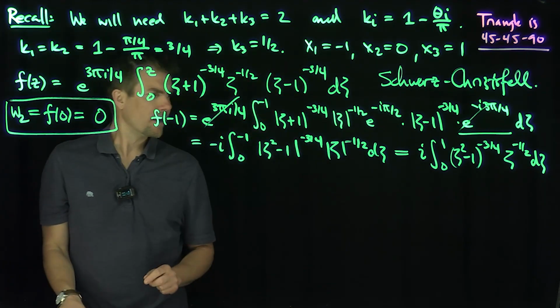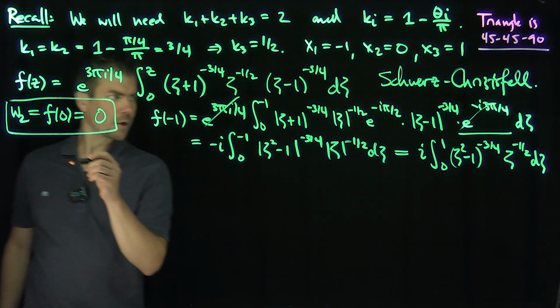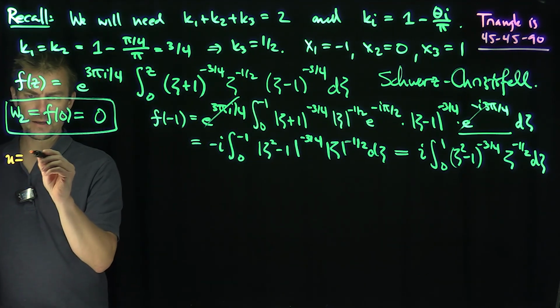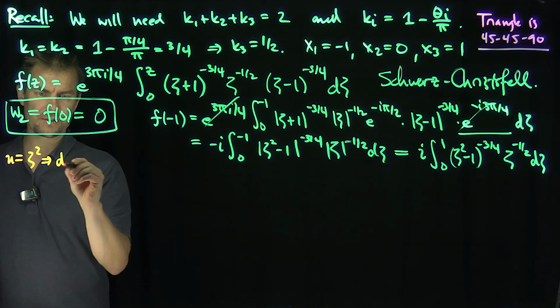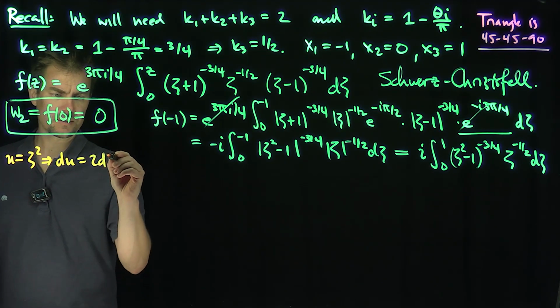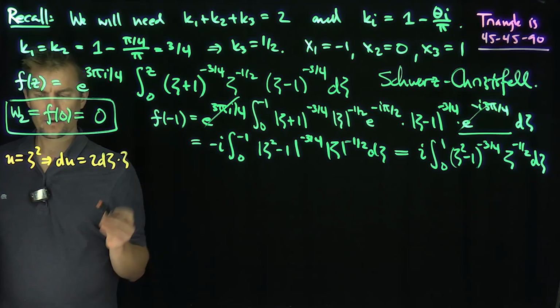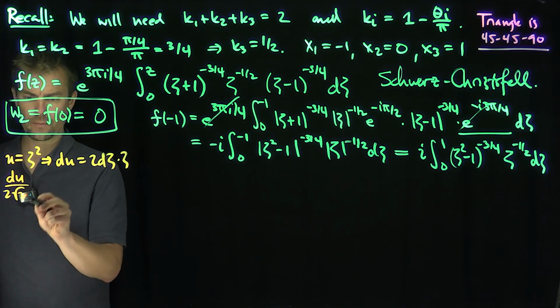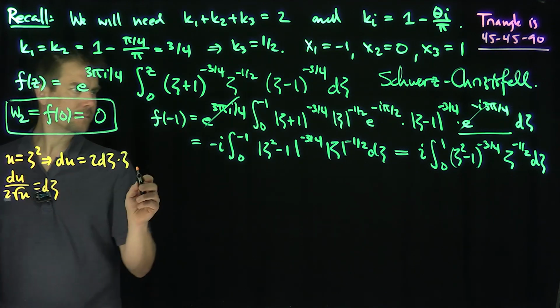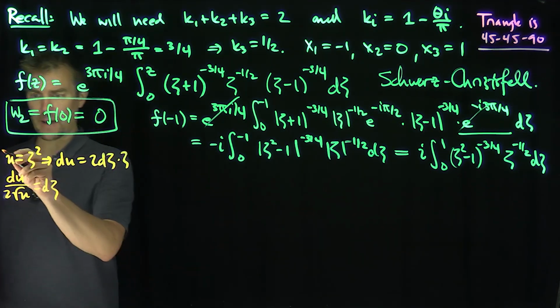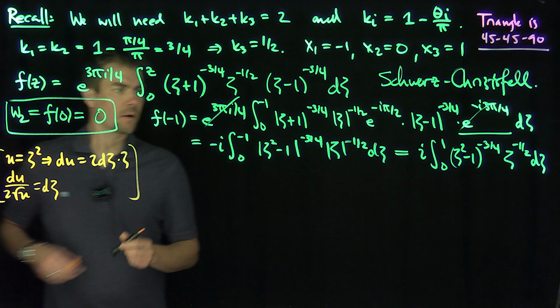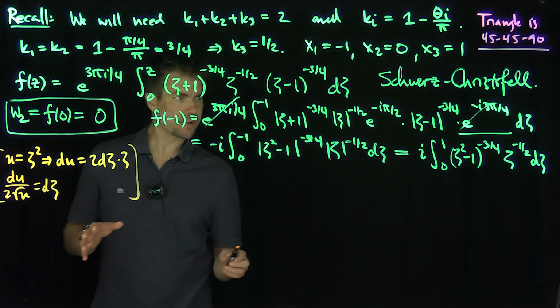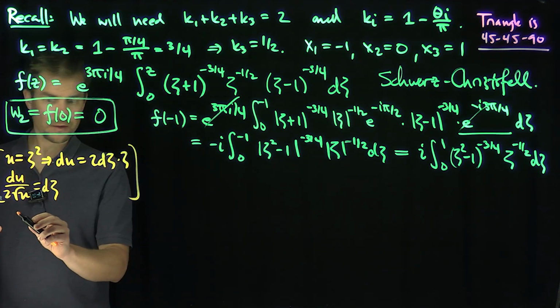So what I'm going to do now is let u be zeta squared. That says that du is 2 zeta d zeta, and of course zeta is root u, so du over 2 root u is equal to d zeta, right? So if we do this, what's going to happen? My integral is going to turn into the integral from 0 to 1.